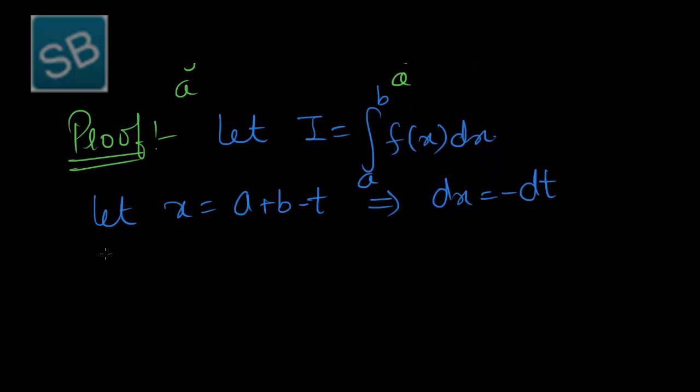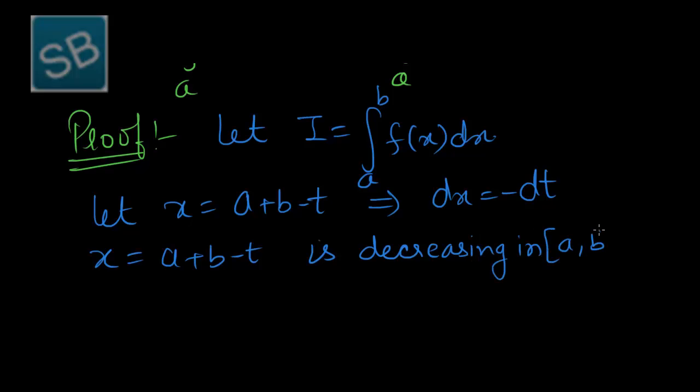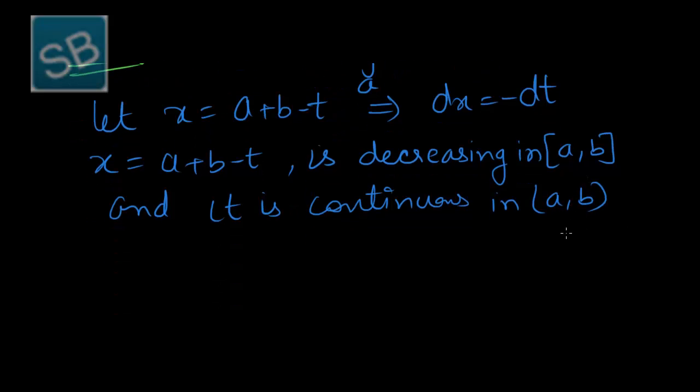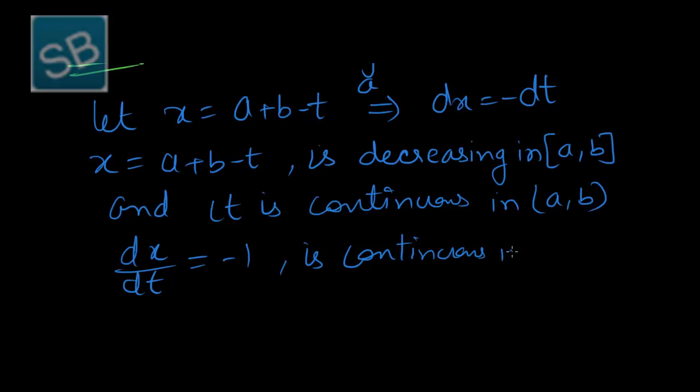And as x = a + b - t is decreasing in a to b and it is continuous in the open interval a to b, and also its derivative dx/dt = -1 is continuous in the open interval a to b.